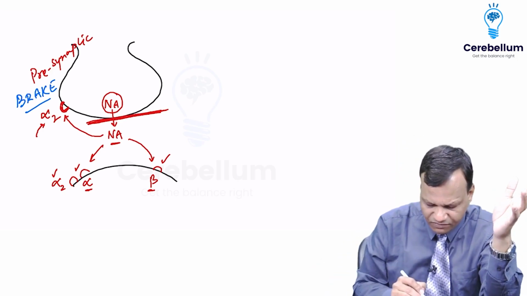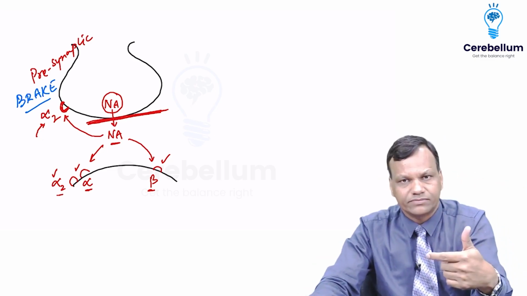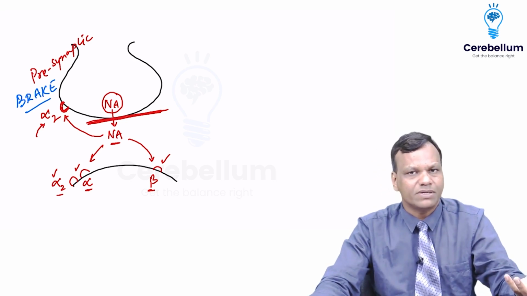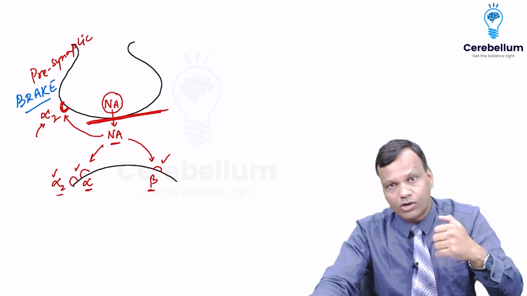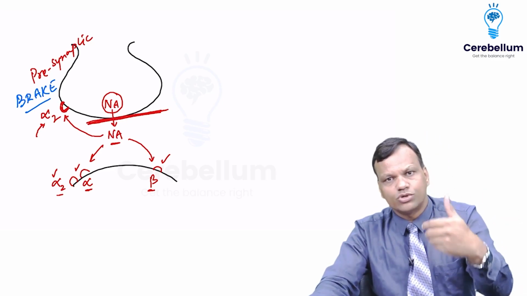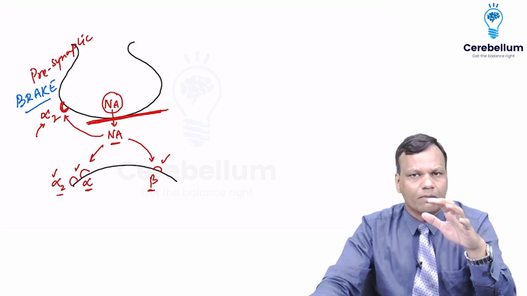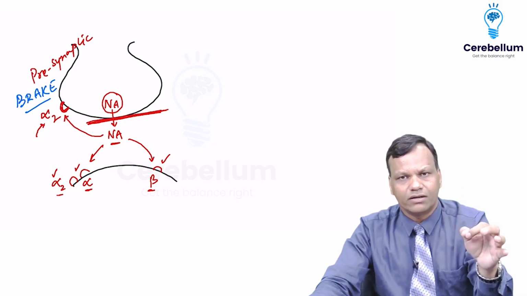What will happen if we stimulate postsynaptic alpha 2 in a blood vessel? It will work like alpha 1, that means vasoconstriction. In the eye, mydriasis. In the urethra, decreased outflow. So presynaptic alpha 2 acts like a brake, but postsynaptic alpha 2 works like alpha 1.